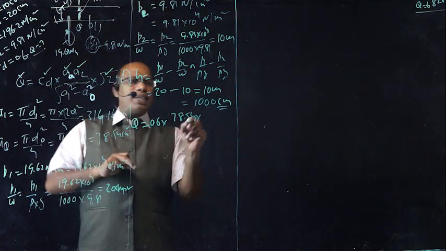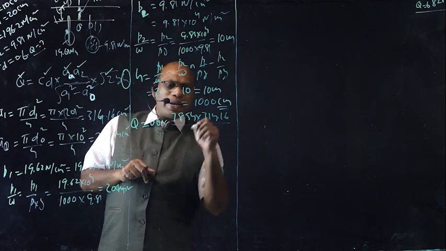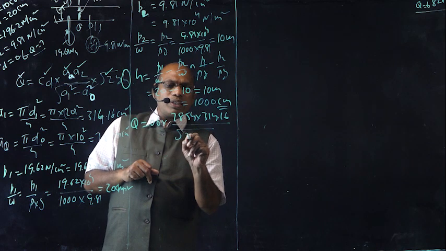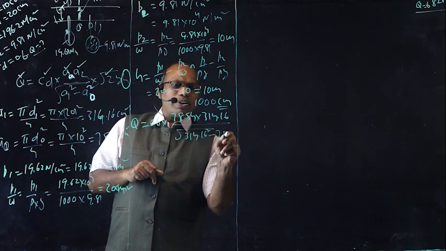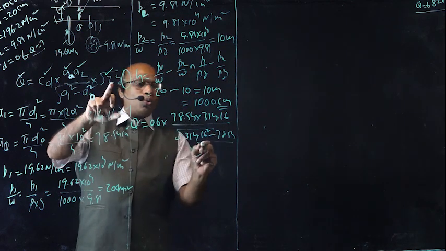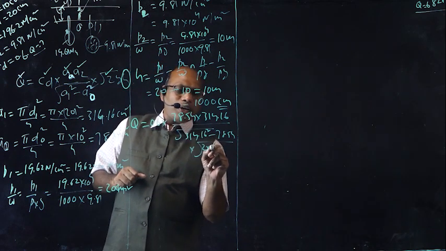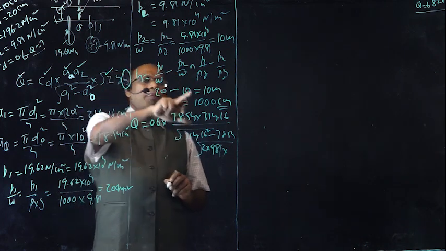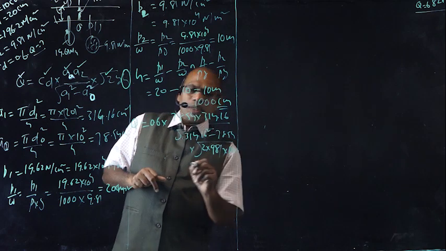A2 is determined here, 314.16, divided by square root of A1 square minus A2 square, that is 314.16 square minus 78.54 square, into root 2 into G value 981 into H. H is determined here, that is equal to 1000 centimeters.